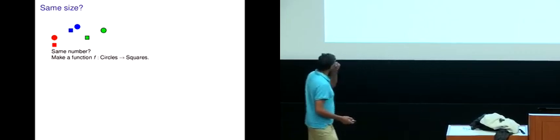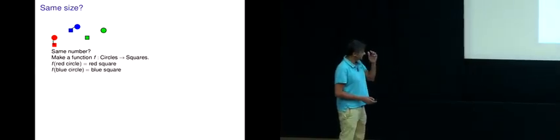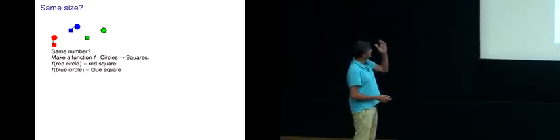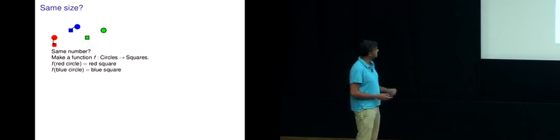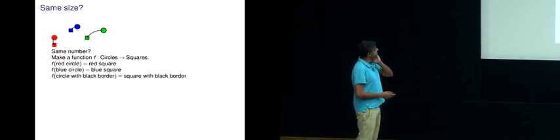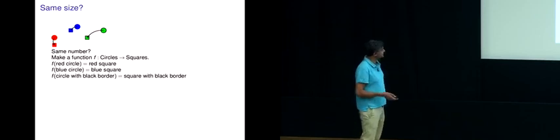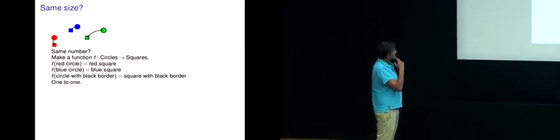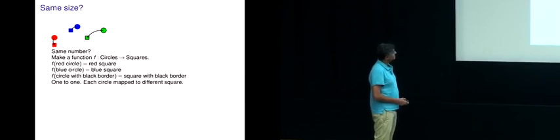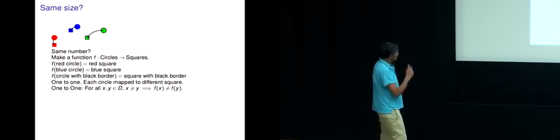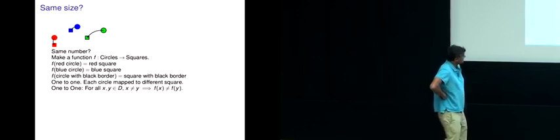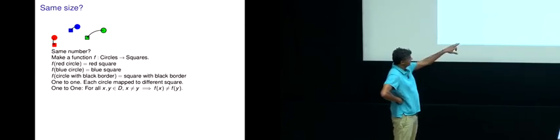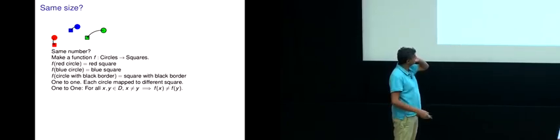One way is you make a function from circles to squares, and here it's clear what the bijection should be. We just match the colors: the red circle to the red square, and so on. It's 1 to 1: each circle is mapped to a different square. This is what 1 to 1 means: for all x and y in the domain, if x is not equal to y, f of x is not equal to f of y.